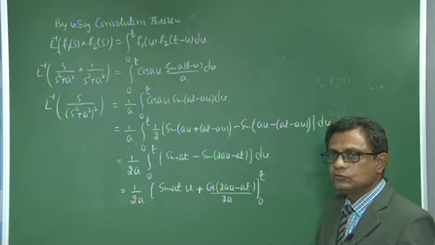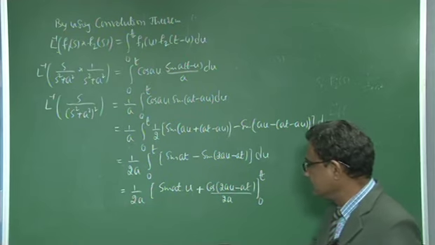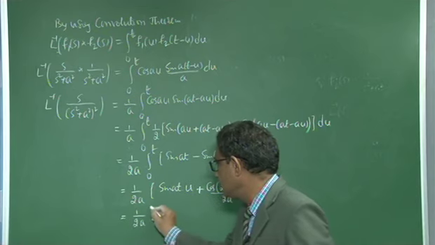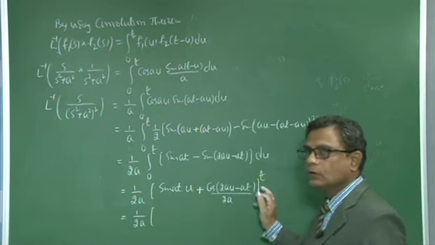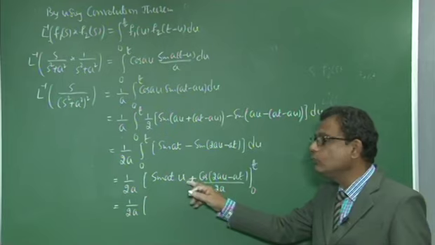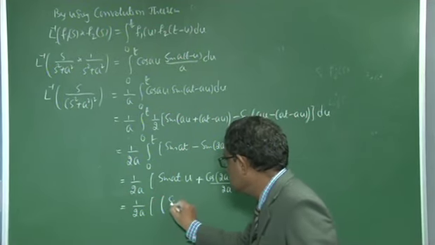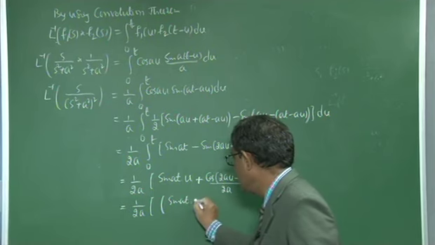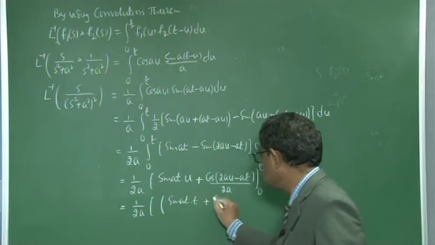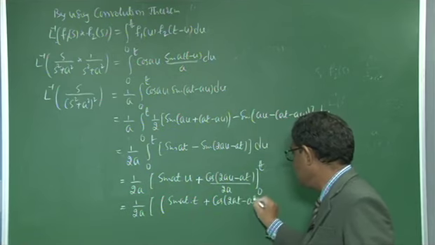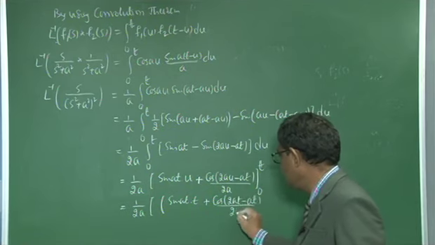Then as usual, you can simplify this one. How to simplify? Upper limit minus lower limit. In place of u, you have to substitute. Now it is sin at into t plus cos of 2at minus at by 2a.